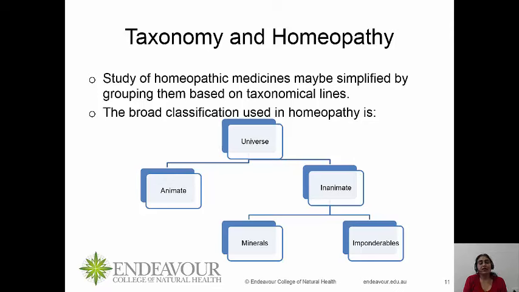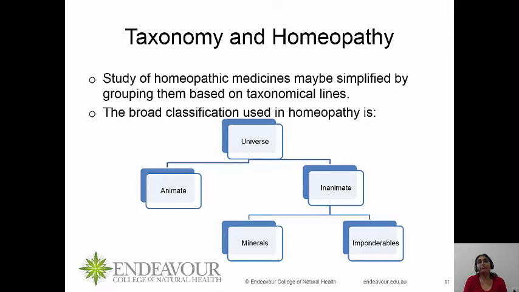Now, how is the taxonomy based in homeopathy? So you have the universe and you have the animate and the inanimate groups. Animate groups are the living and the inanimate groups are the non-living, medicines sourced from the non-living substances.